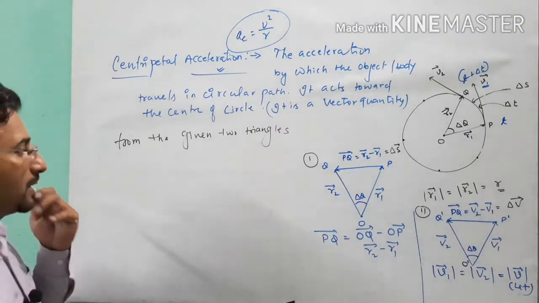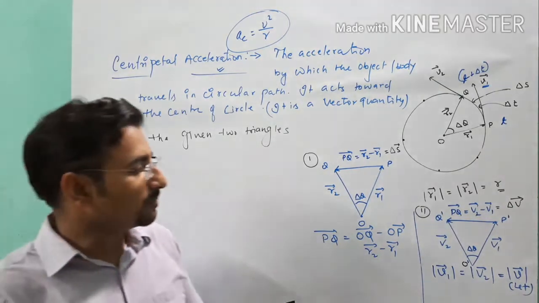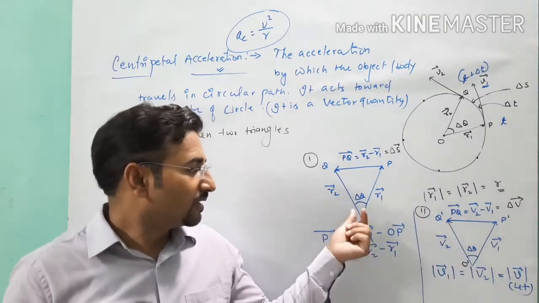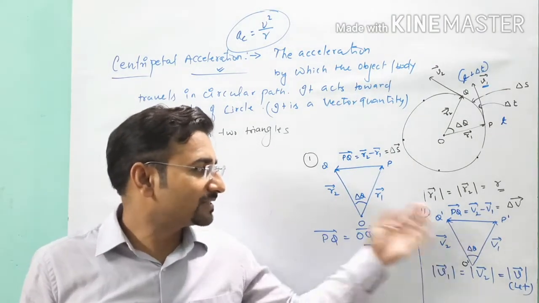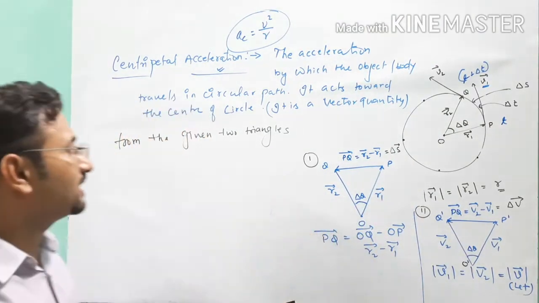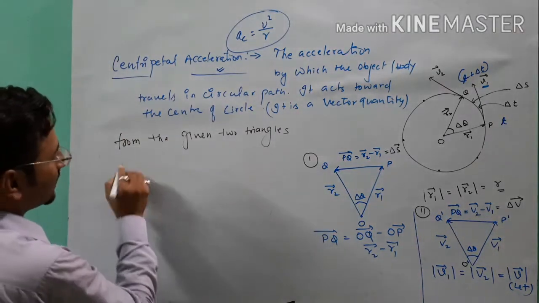So we have two ways to show they are equal, by using the angle is equal to arc upon radius formula, or by the similarity. Basically I am using the two triangles.